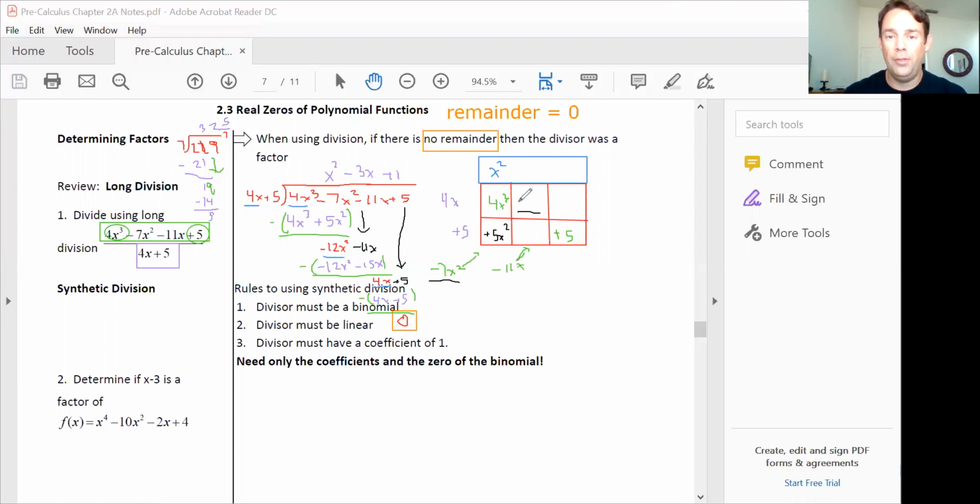So in order for that to happen, this would have had to be negative 12x squared. Now they equal negative 7x squared, the number on the outside. So if that's the case, 4x times a negative 3x would have worked. And as I keep going down here a little bit, I would end up with a negative 15x.